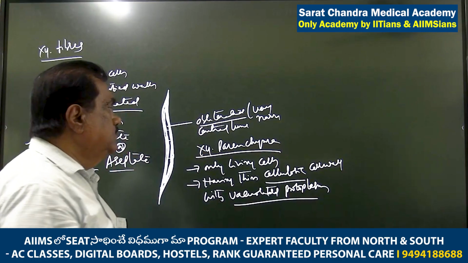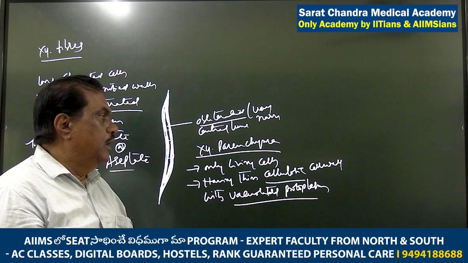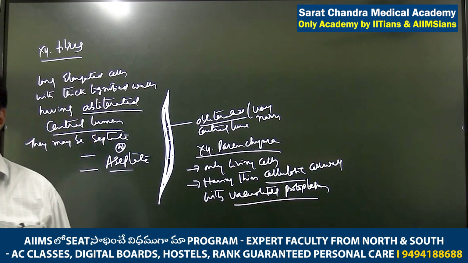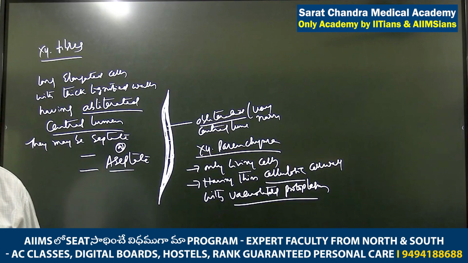The cells are living, so the cell wall is made up of cellulose, and the protoplasm having a large centrally located vacuole. Parenchyma cells are mature or immature cells? Mature cells. So the protoplasm is thin and the vacuole is occupied at the center of the cell.